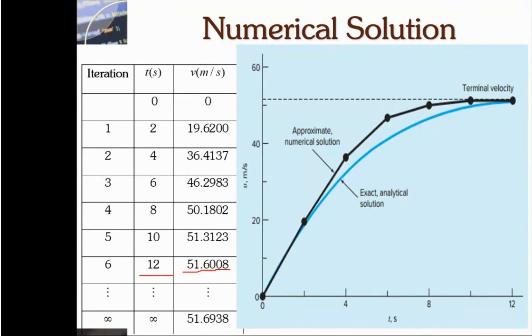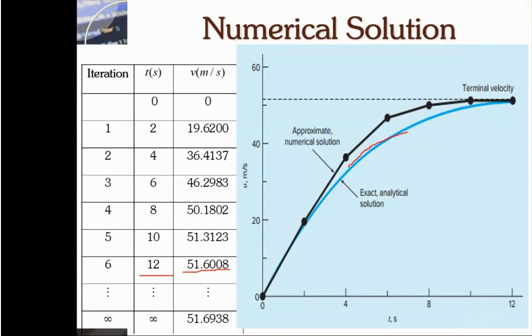Now let's look at this chart. This chart is the plot of the solution we had when we went through the calculus, which is given as the blue line. And the one that we just estimated, the numerical approximation, is indicated as the black line.